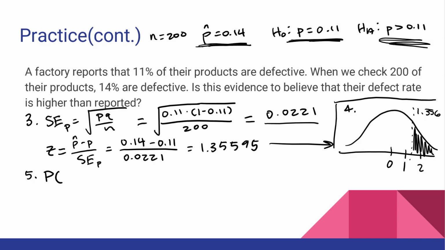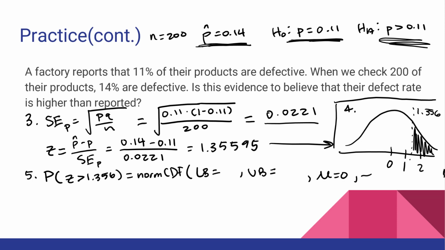So we have to say the probability that z is greater than 1.356 is equal to, and then we put in our calculator function, Norm CDF, and we give a lower bound, an upper bound, and then we already know since it's a z-score, we will be working with a mu of 0 and a sigma of 1. Now, what is our lower bound and our upper bound? We can get all of that from our normal model drawing.